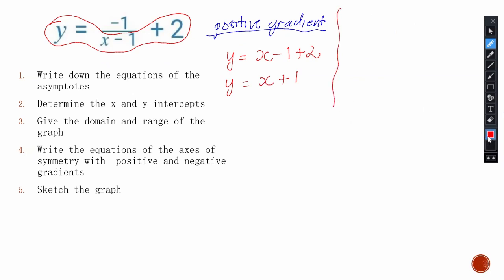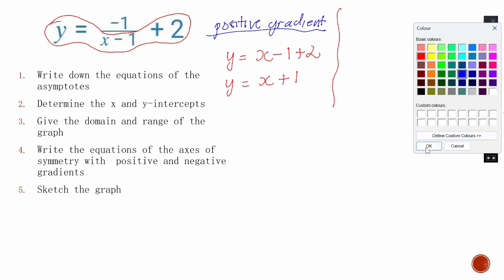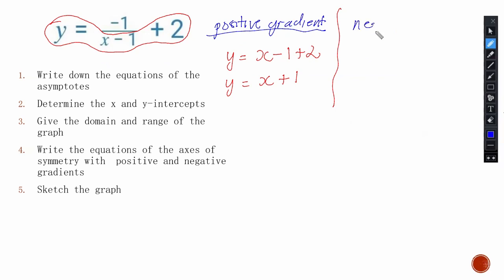And then what about the one with the negative gradient? So negative gradient, again, we take that, but then we are supposed to put this inside the bracket and have a negative outside here. So this is y is equal to negative (x minus 1) and then plus 2. Note that this negative only affects what we have here on the denominator and not the constant value here.